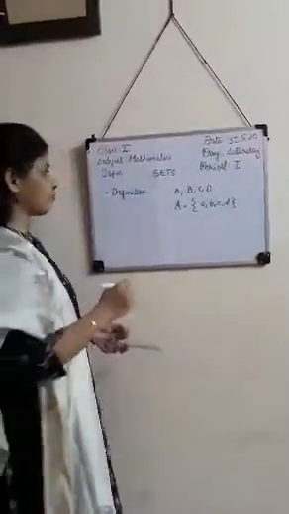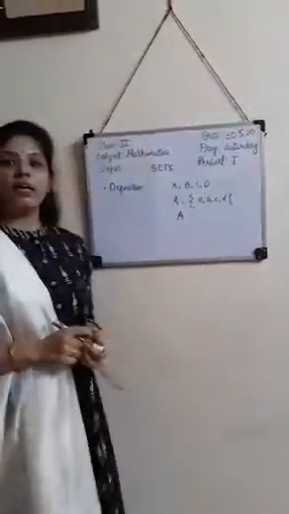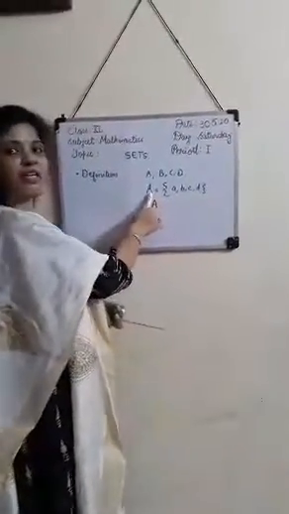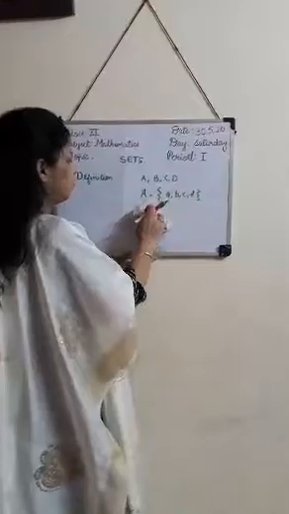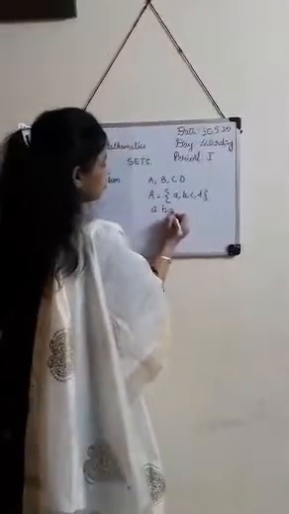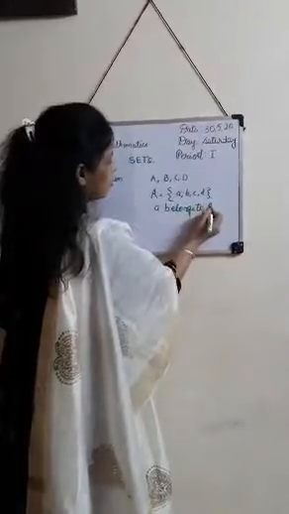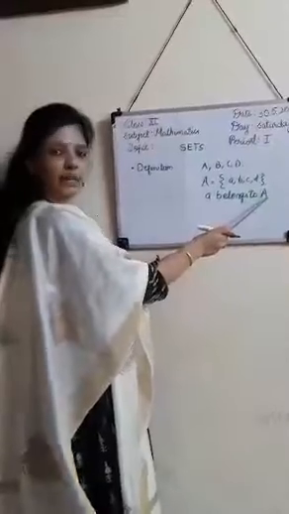Now, if we know that small a belongs to set capital A, we can write it: a belongs to set A.